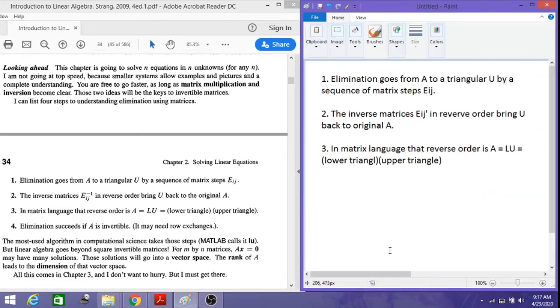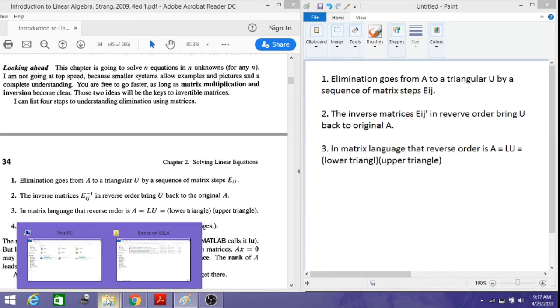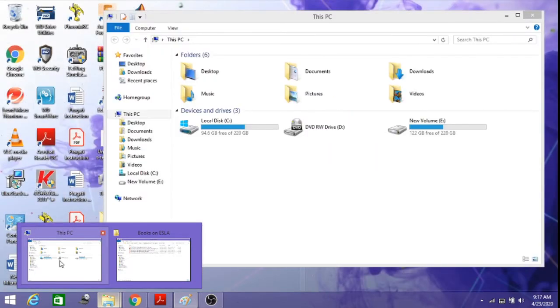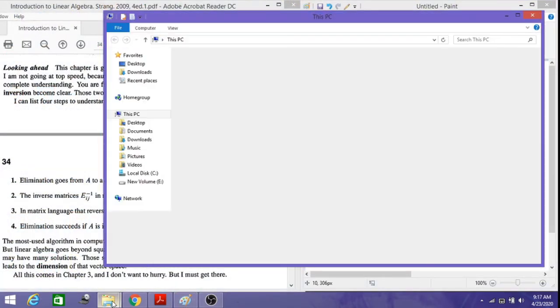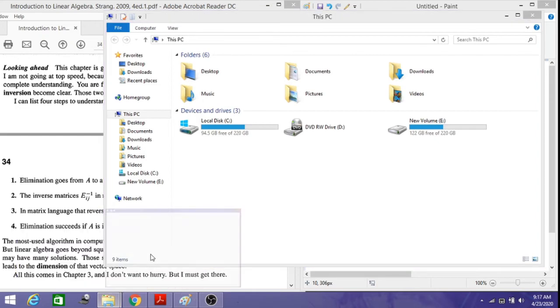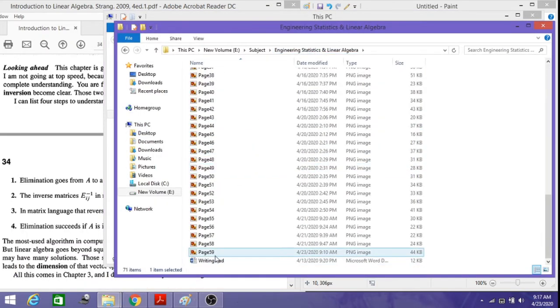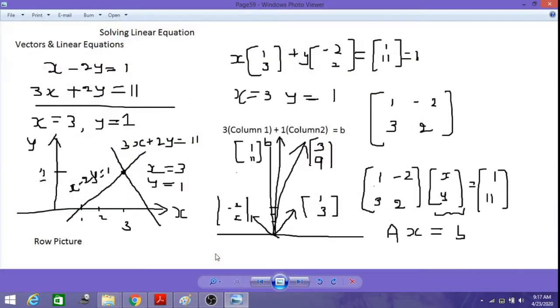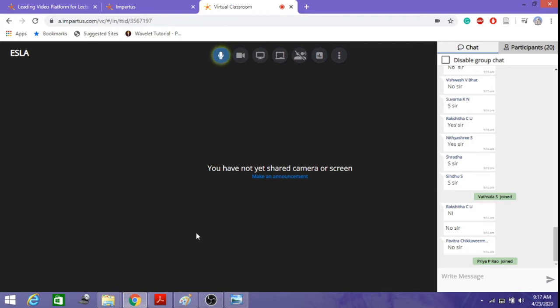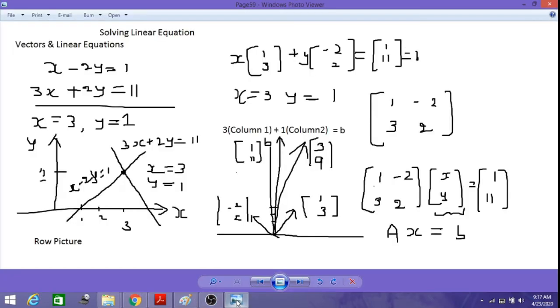So let me open back that tutorial. So now what we are discussing is that I just started with two equations here, that is x minus 2y equal to 1 and 3x plus 2y is equal to 11.